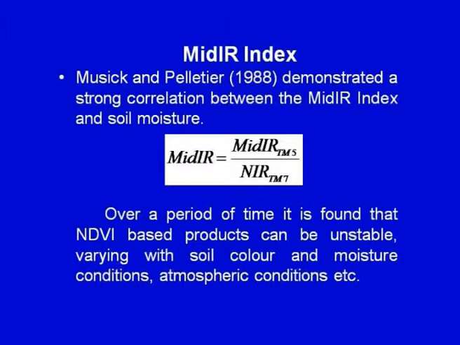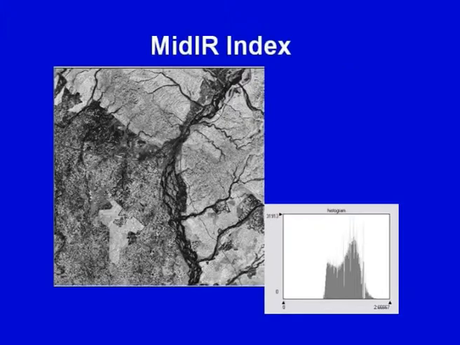Over the period of time, it was found that NDVI based products can be unstable with varying soil color and soil moisture conditions and atmospheric conditions. The MIR index, as a matter of fact, tries to cater to these anomalies which may exist.